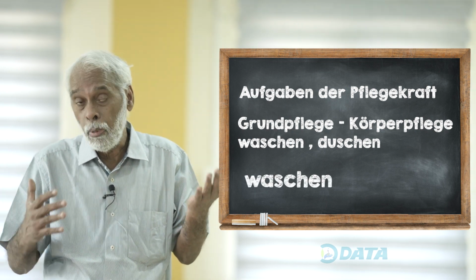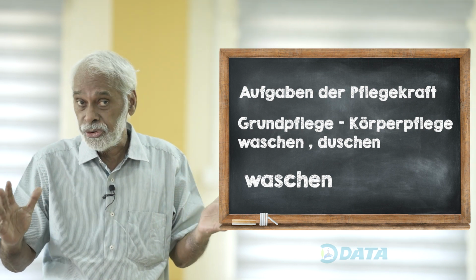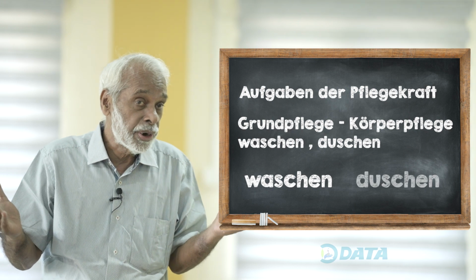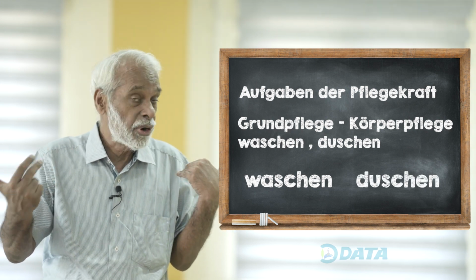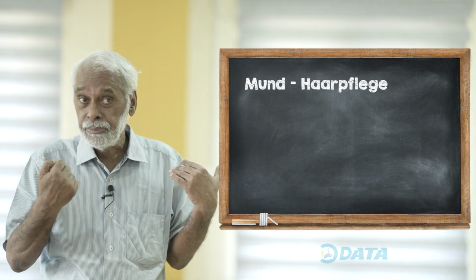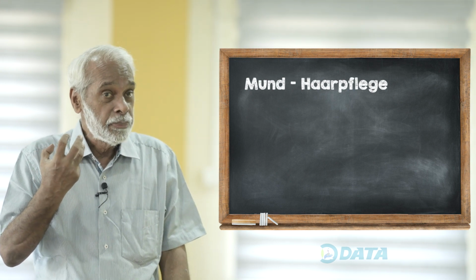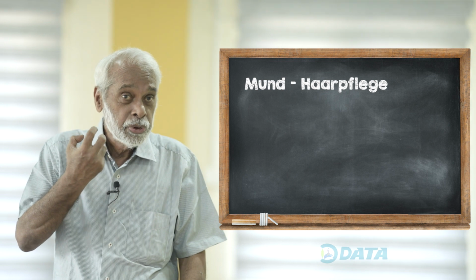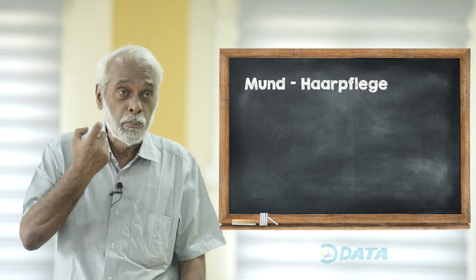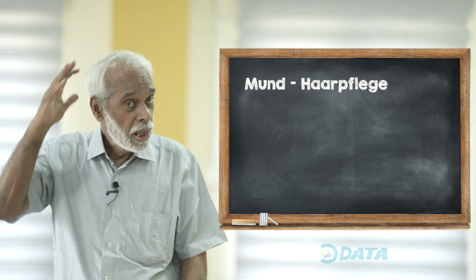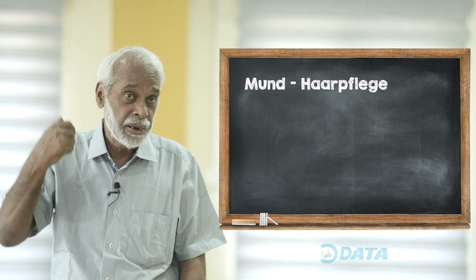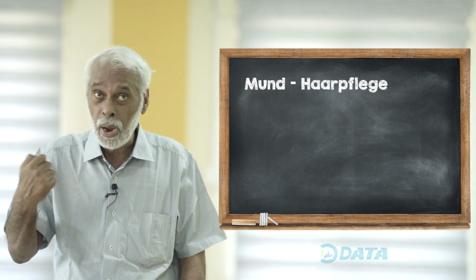You have to keep the body clean, wash the patient, or duschen, give him a shower. Mundpflege, the mouth should be properly neat, the hygiene as far as the mouth is concerned. Haarpflege, caring for the hair, it should be combed and kept well.